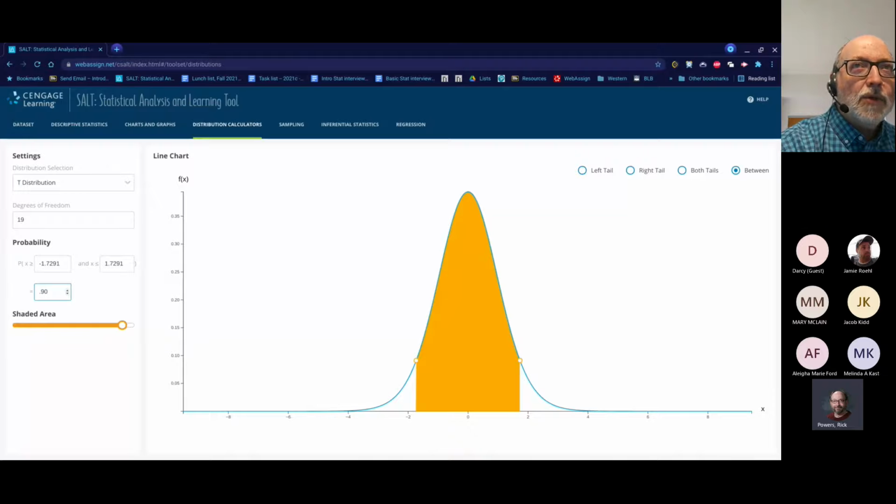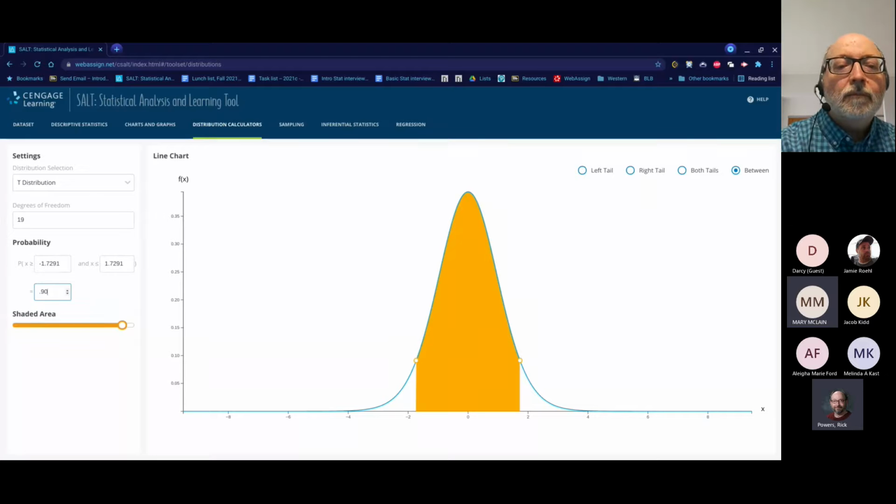Degrees of freedom is n minus 1. And then probability in the second row there, we have 0.90. And then we take the positive value of 1.7291. And that's correct. Okay, that's good.